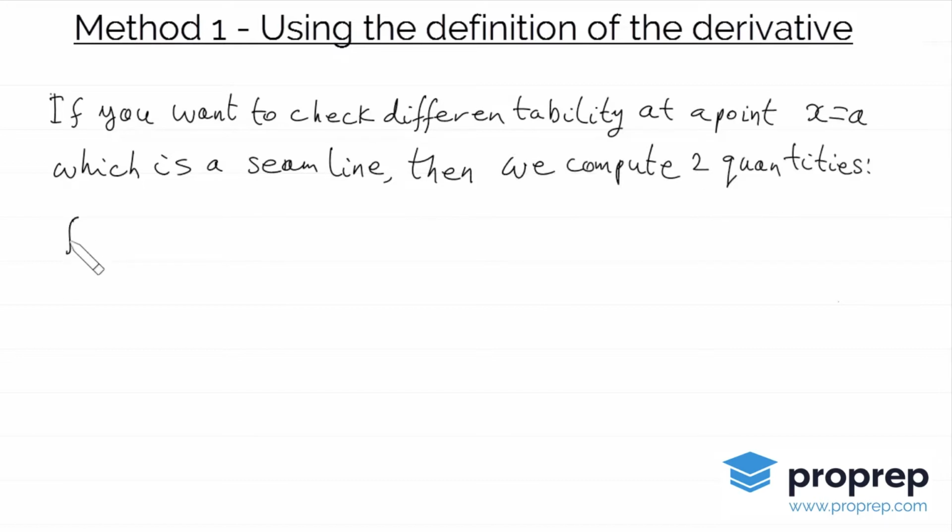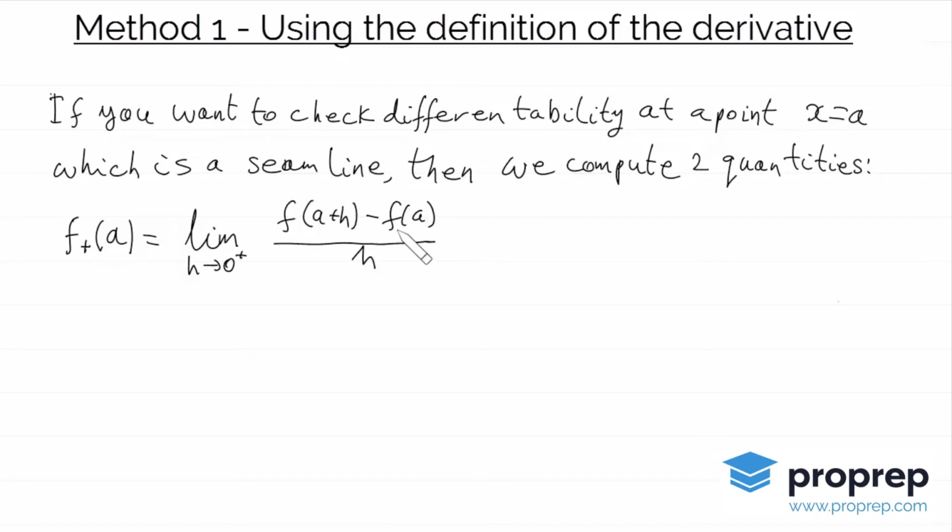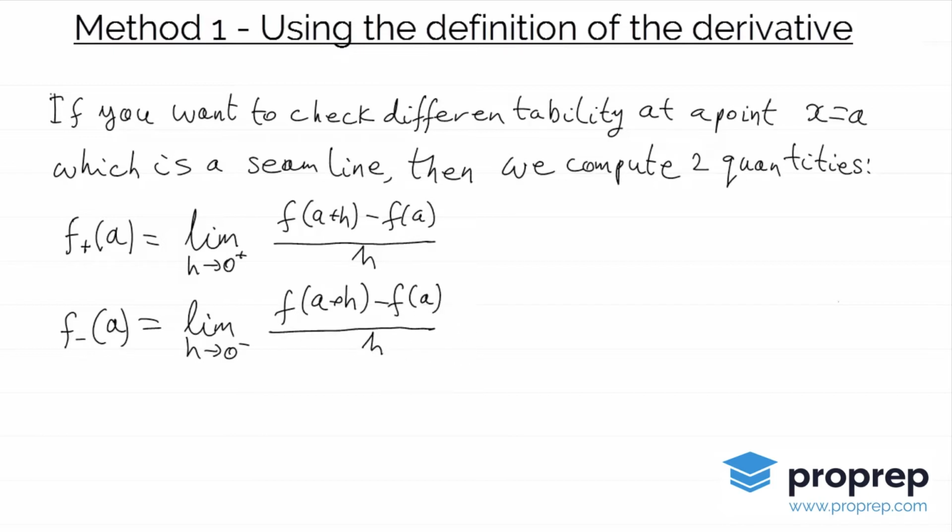The first is called the right derivative and is written with a little plus here and is defined as the limit as h goes to 0 from the right of f of a plus h minus f of a all over h. And the second quantity we compute is the left derivative, and this is the limit as h goes to 0 from the left of f of a plus h minus f of a over h.